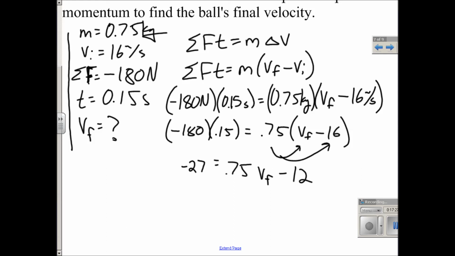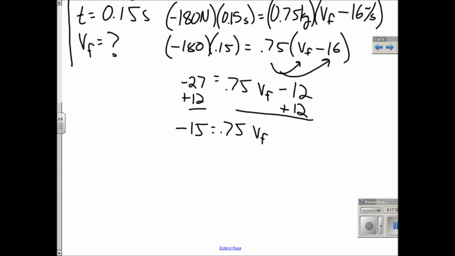So add 12 to both sides, and you get negative 15 equals 0.75 times VF. Divide both sides by 0.75, and you get negative 20 meters per second equals VF.